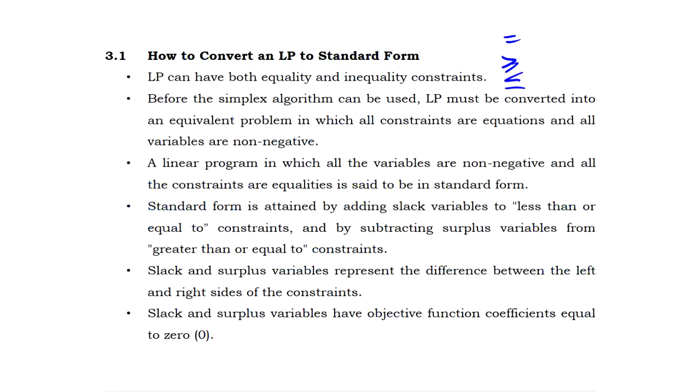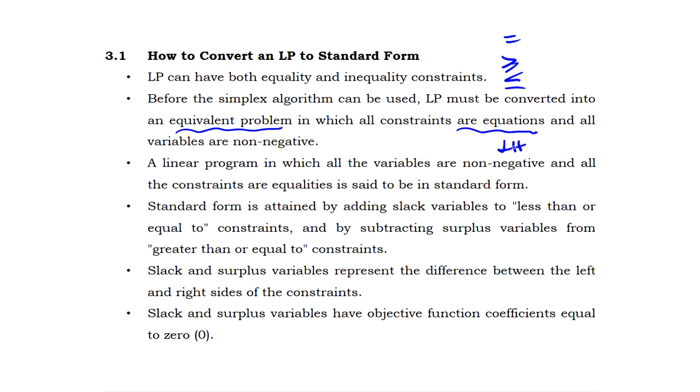So how do we convert an LP to standard form? An LP can have both equality and inequality constraints. Before the Simplex algorithm can be used, the LP must be converted into an equivalent problem in which all constraints are equations and all variables are non-negative.